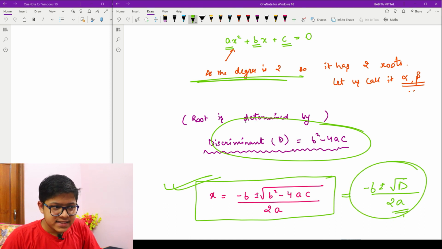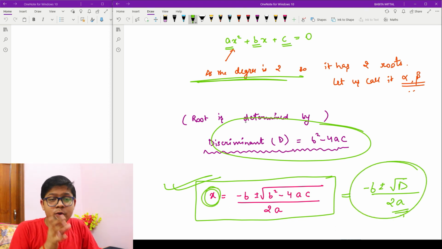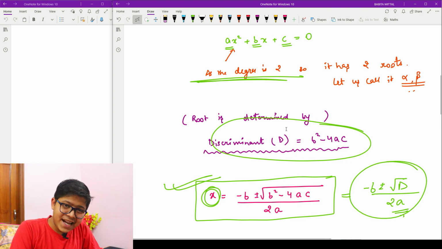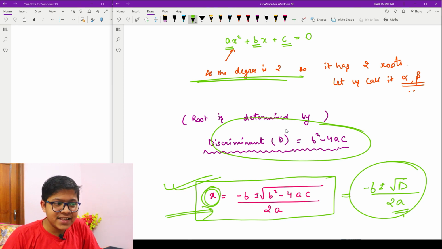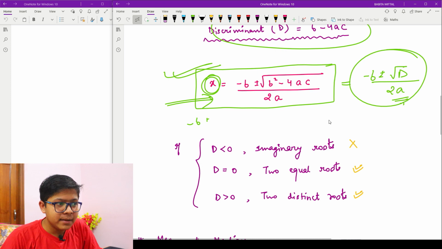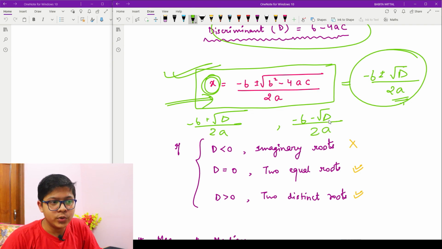What is this? As I said, the equation is quadratic, so it will have 2 roots. If I say that the roots are alpha and beta, one root will be minus b plus root of d upon 2a, and another root will be minus b minus root of d upon 2a.